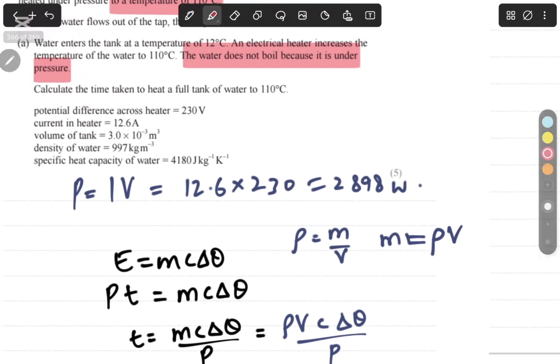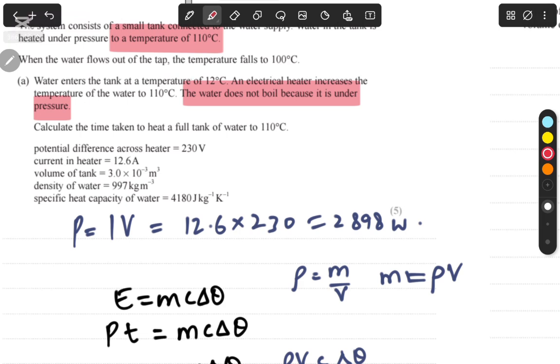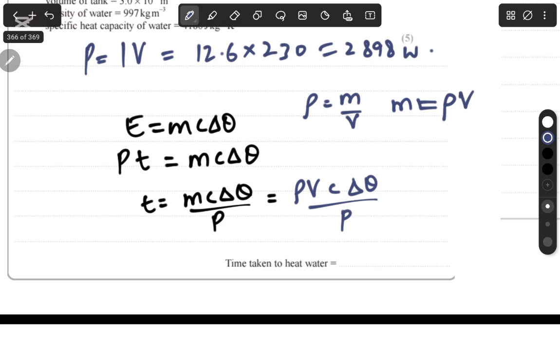So the initial temperature: water enters the tank at 12 degrees Celsius. An electrical heater increases the temperature to 110 degrees Celsius. So the temperature goes from 12 degrees Celsius to 110 degrees Celsius. I'm not going to plug in all the values.